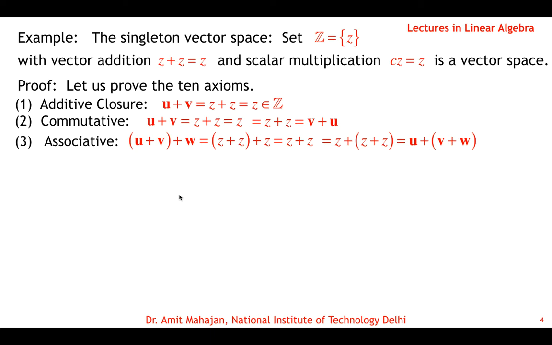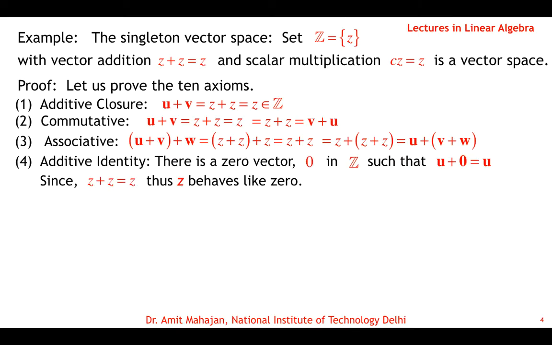The fourth property is the existence of zero. It says that there is a zero vector 0 in capital Z such that u plus 0 is u. This is what we have to prove, and you see that the property says that z plus z is z.